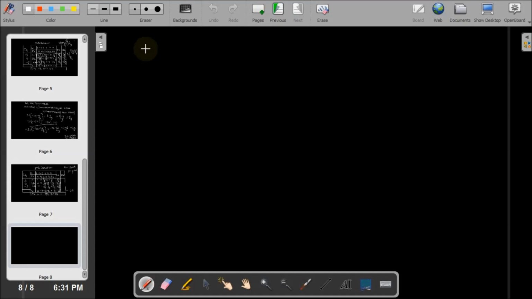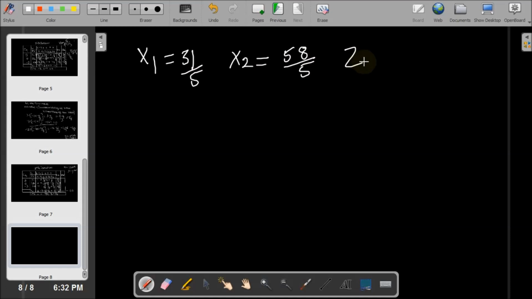X1 is equal to 31 by 5. Next, x2 is equal to 58 by 5. And what is the solution? Z is equal to Z min, minimization. Z min is equal to minus 112 by 5.